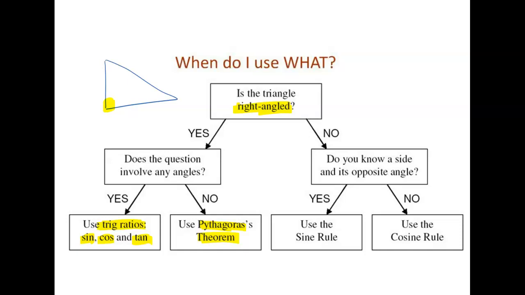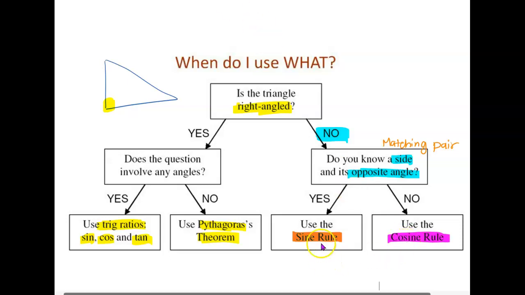But as we've been learning, not all triangles are right angle triangles. So if it's a no for a right angle triangle, then you have to ask yourself, do you have a matching pair? That's what this question is asking you. Is there a matching pair of a side length and an angle? And that really is the distinguishing factor: you use the sine law when you have a matching pair, and if you don't have a matching pair, then you use the cosine rule, okay?